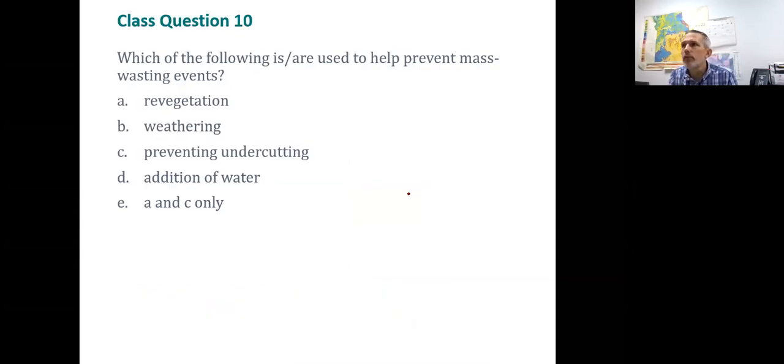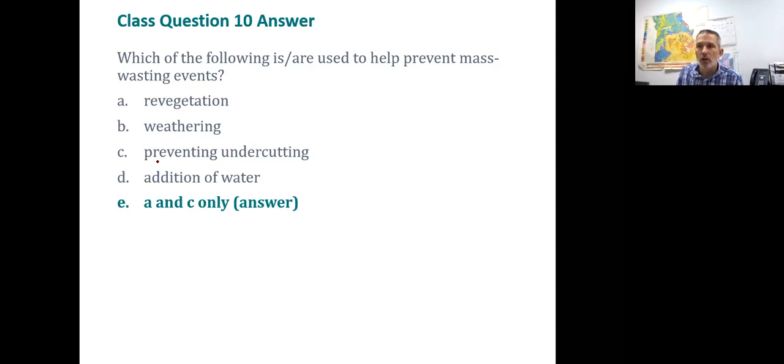So which of the following are used to help prevent mass wasting? Well, revegetation definitely is. Weathering, well, we can't really stop weathering. We can prevent undercutting, as we said.